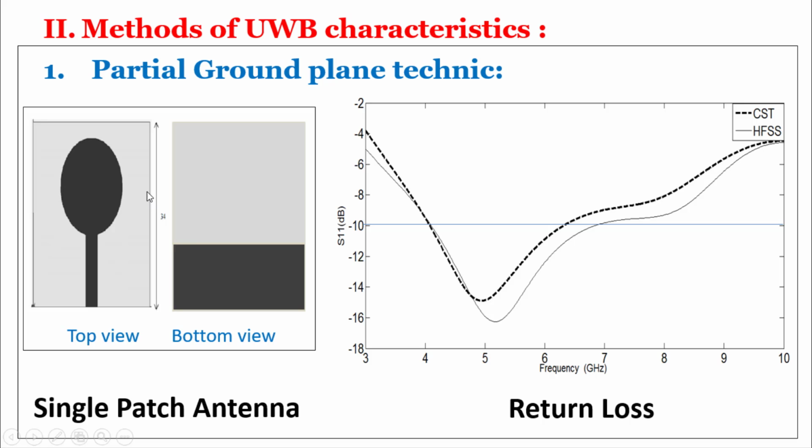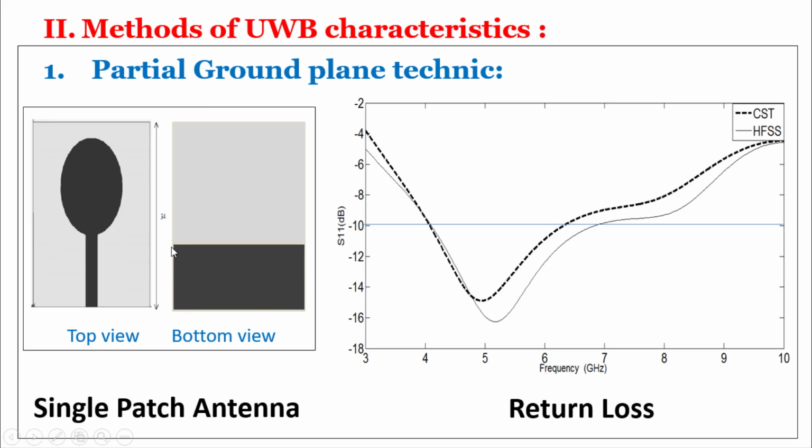Here on the left we have a single patch antenna. We have the top view, with a circular radiating element and a feed line, where we find the port of excitation. In the bottom view we have the partial ground plane in black color.